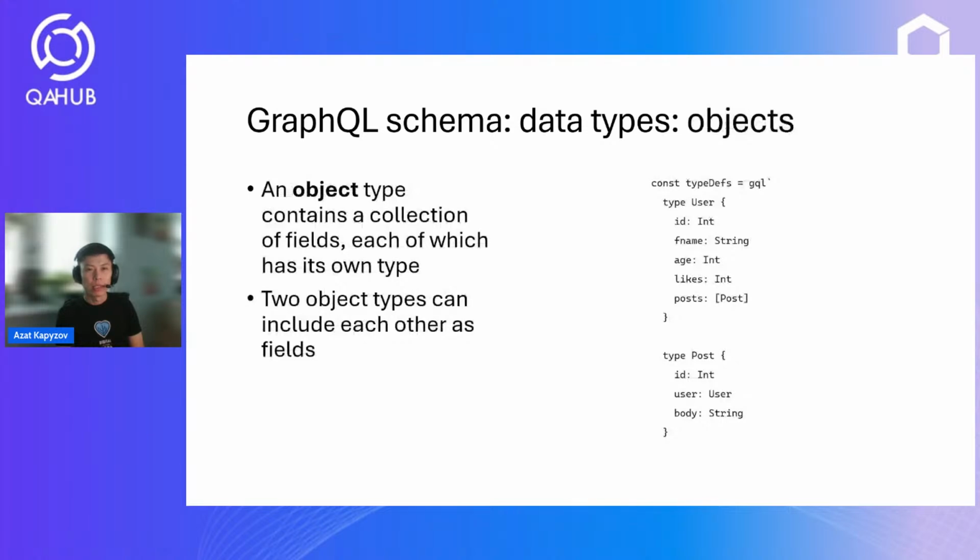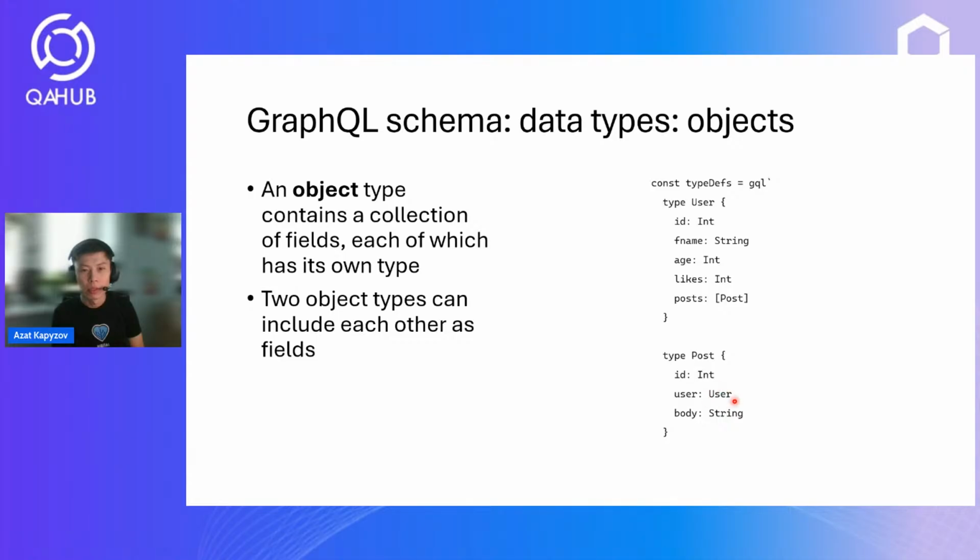The next type is objects. An object type contains a collection of fields, each of which has its own type. And two object types can include each other as fields. For example, inside of the type post, we can include the user type that we defined above, and we can use this user as a field here.